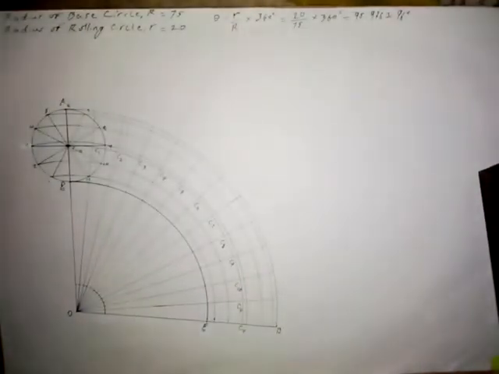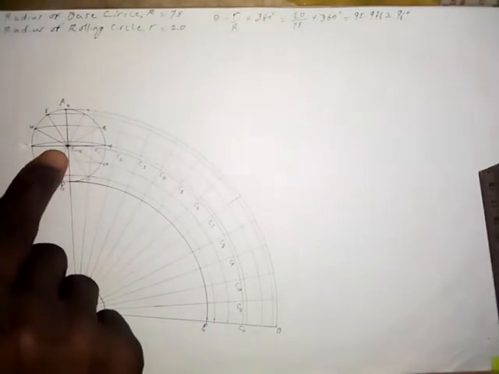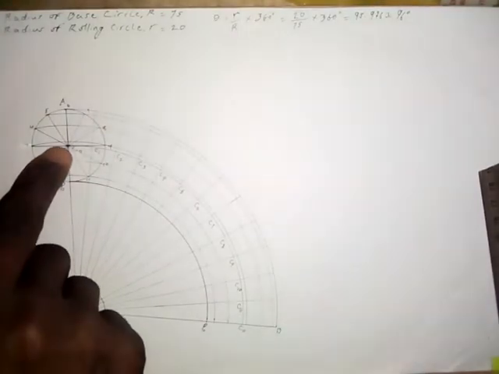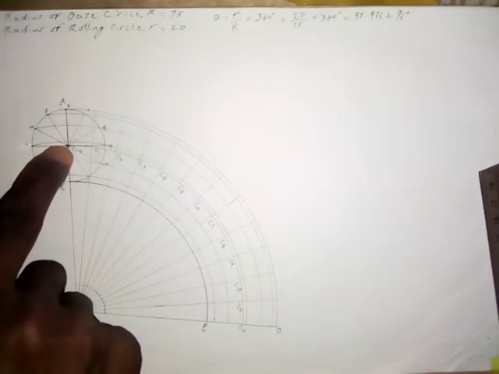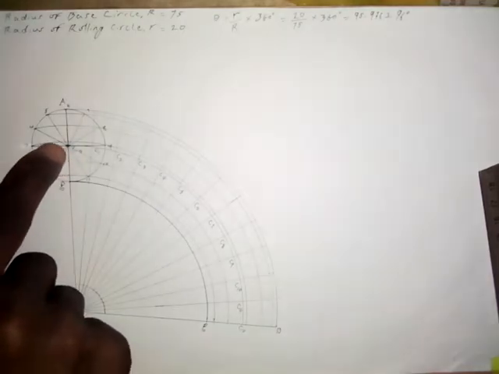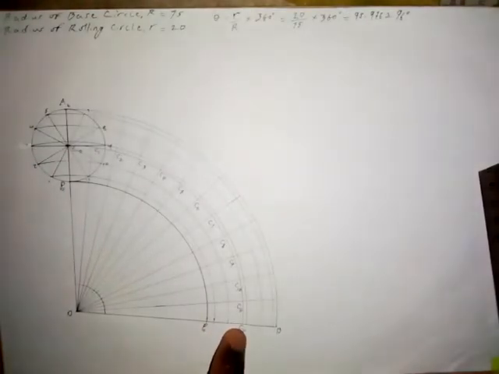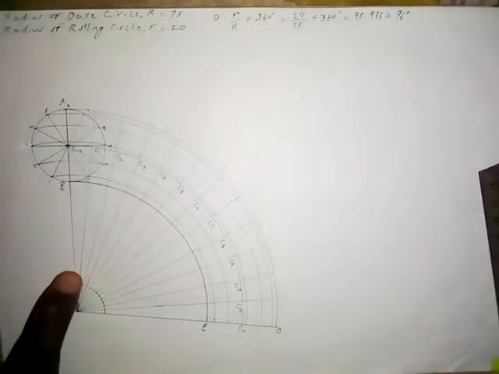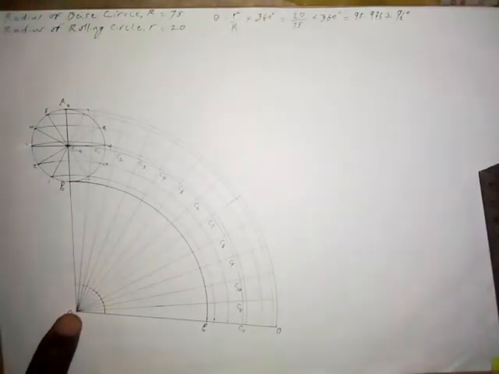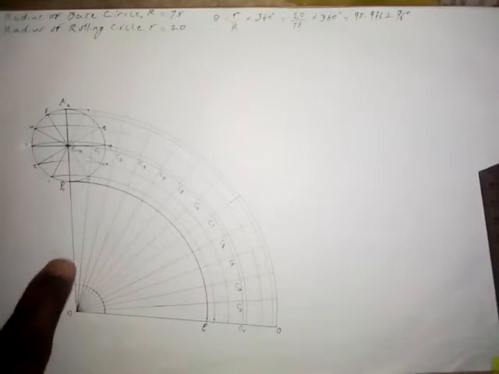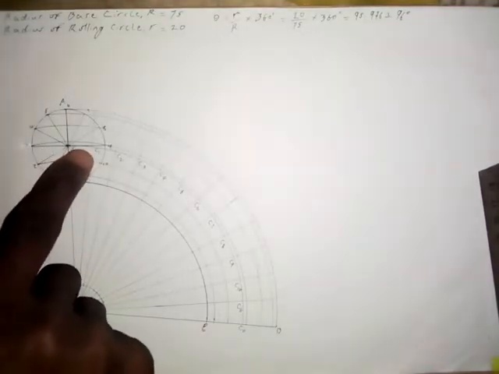The next thing I've done here is that, don't forget I said that we have to draw an arc from the center of the circle. The arc that starts from this point and goes here is known as the locus. It's very, very important. Where the lines I drew out from point O touch the locus, I've labeled them.